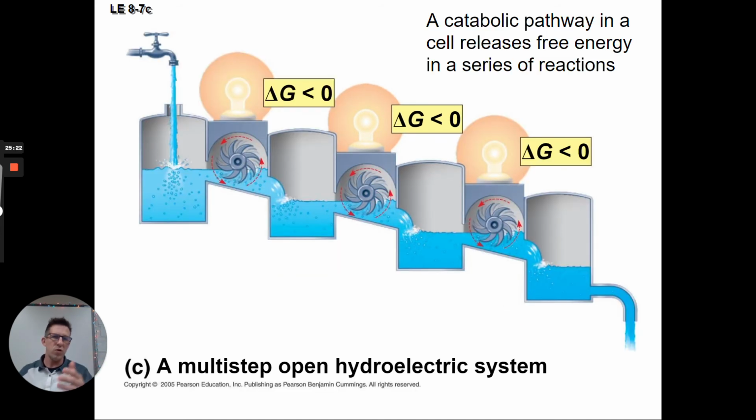But when we're talking about these different catabolic pathways or pathways that release energy, oftentimes it's done in a series of chemical reactions. And when we talk about cell respiration in Chapter 9, we're going to talk about a series of 15 to 20 different small chemical reactions that are all kind of linked that release small amounts of free energy as the system flows.